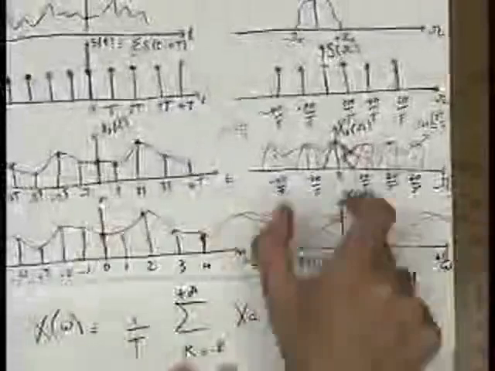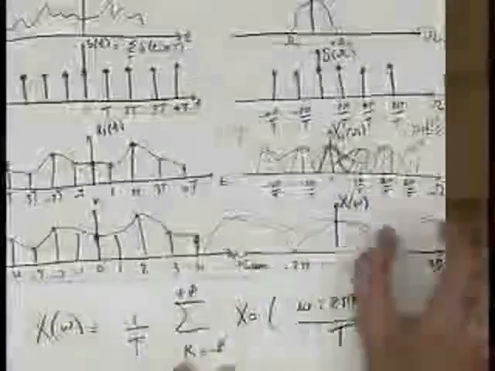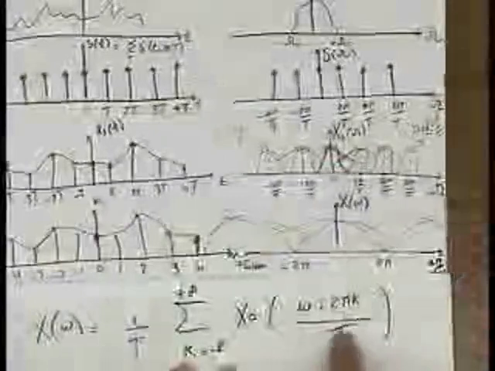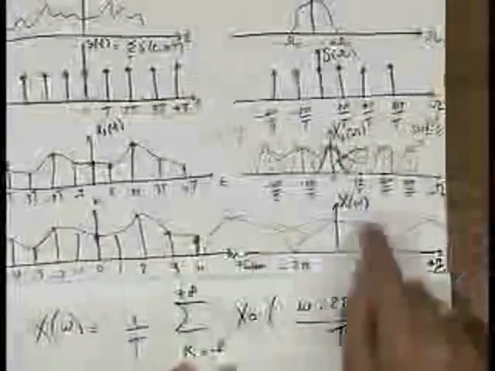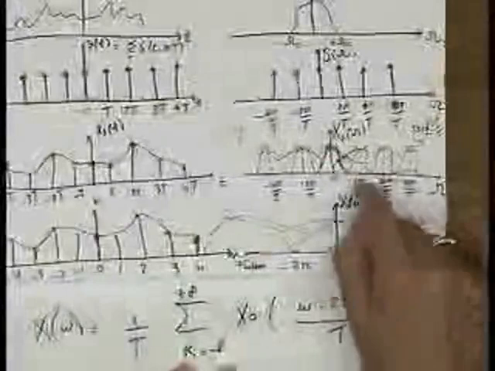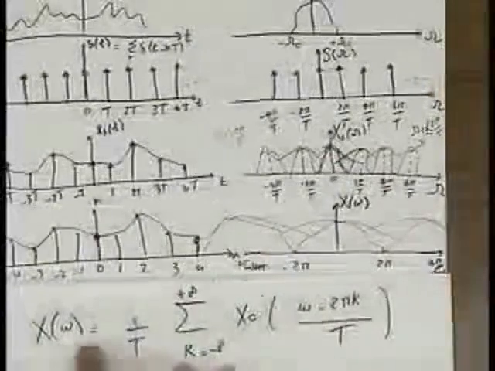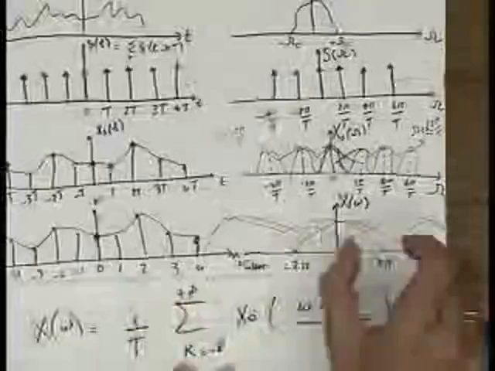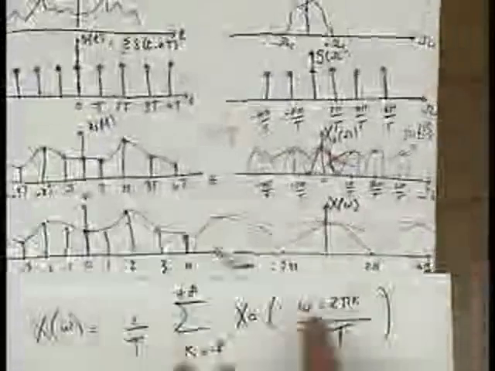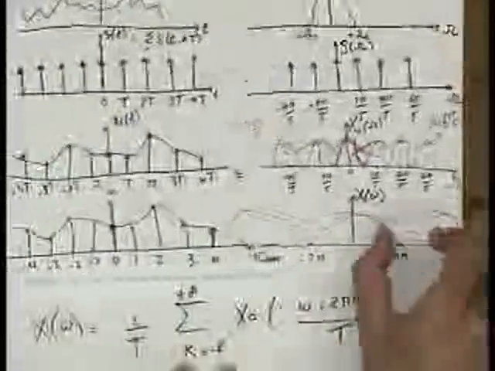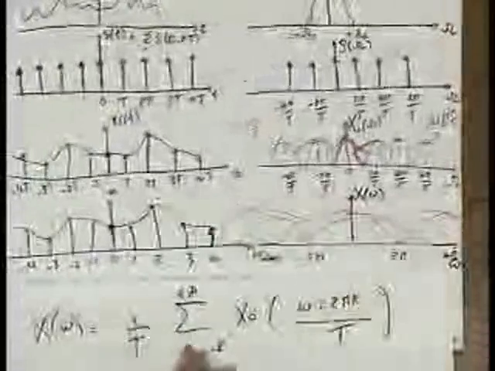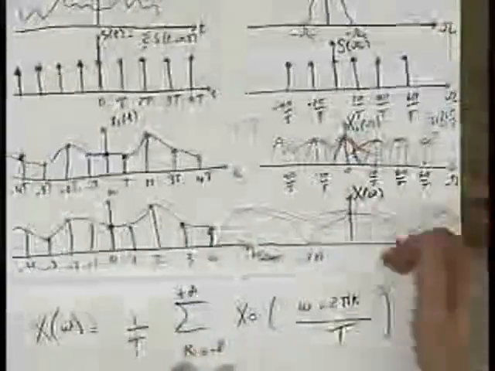It's just telling you that this thing is periodic and repeated with period 2 pi everywhere. And what's this scaling by T telling you? It's the same scaling by T that I just talked about, going from here to there. So X of omega is the scale factor summed over infinity, which is the repetition, omega minus 2 pi k, the 2 pi repetitions. Remember, k is the index here, and T is the scaling factor.